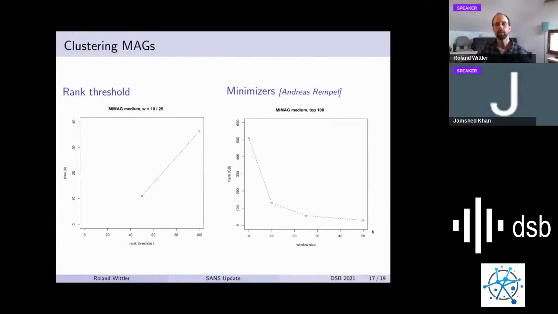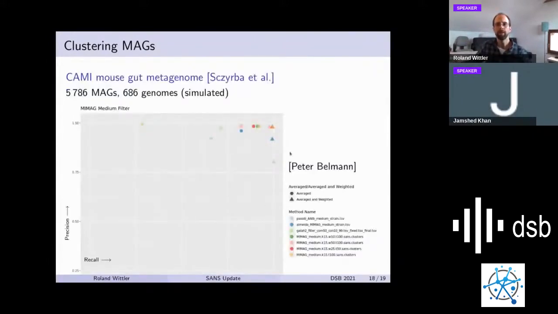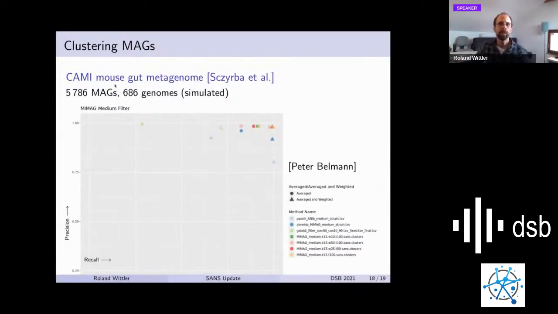And of course the question is, how far can we go with these parameters without losing too much accuracy? So we come to the results. You see the results for a data set. It's a simulated mouse gut metagenome from the CAMI challenge. It's composed of almost 6,000 MAGs from about 700 genomes.